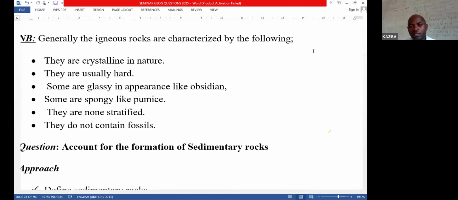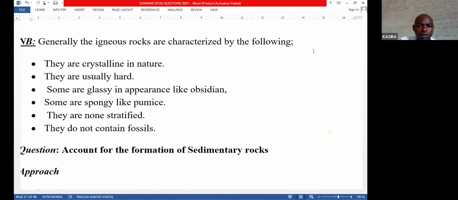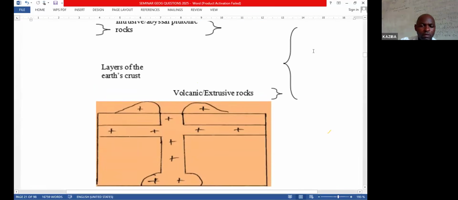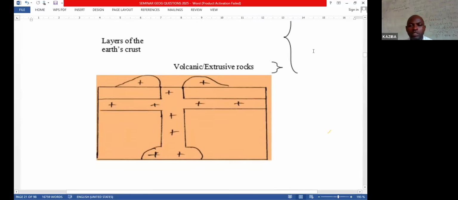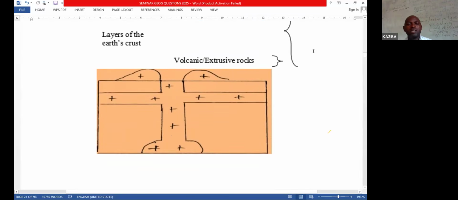Then after that, you look at this diagram. If you look at that diagram, the ones down are called intrusive. The ones you see before reaching the Earth's surface are called extrusive, intermediate. Then the ones you see on top of the Earth's surface are called volcanic.